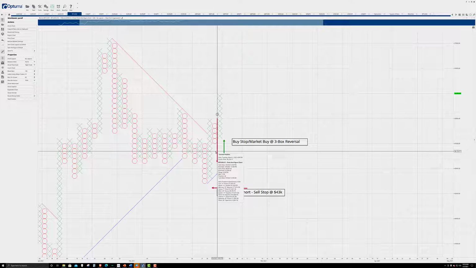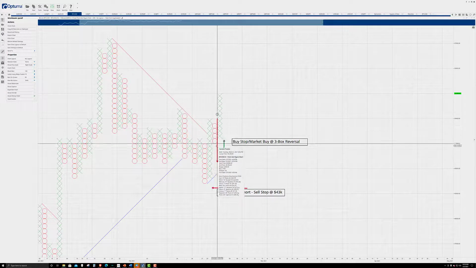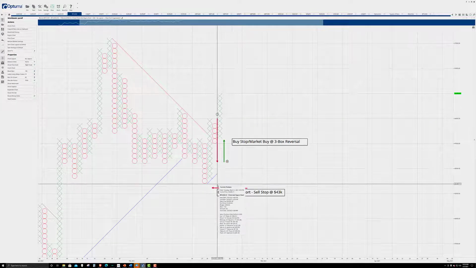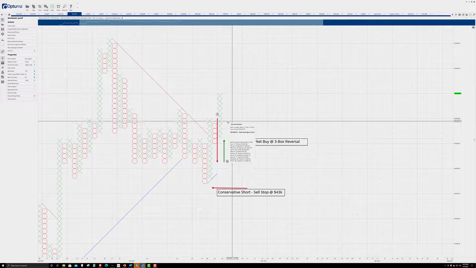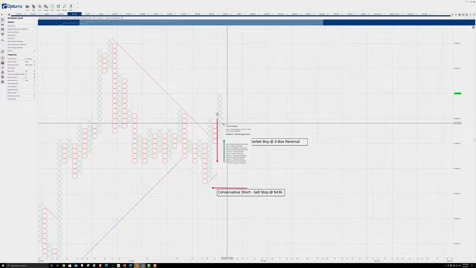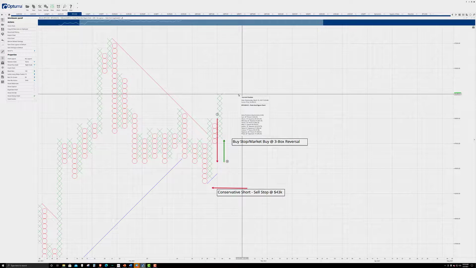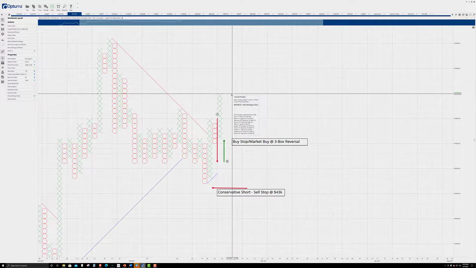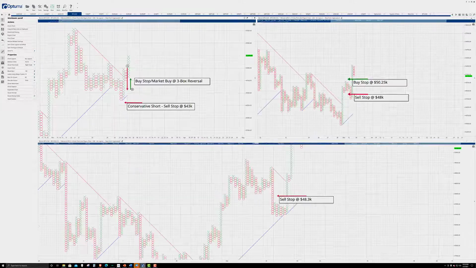What I wrote basically is that if we get this reversal column of O's and it doesn't create a short, then enter on the first three-box reversal that occurs after that column of O's, which would have been right at 49,500. That would put you $3,000 into profit on a single Bitcoin. That would have been a nice move there, so if you did that, that worked out nicely.